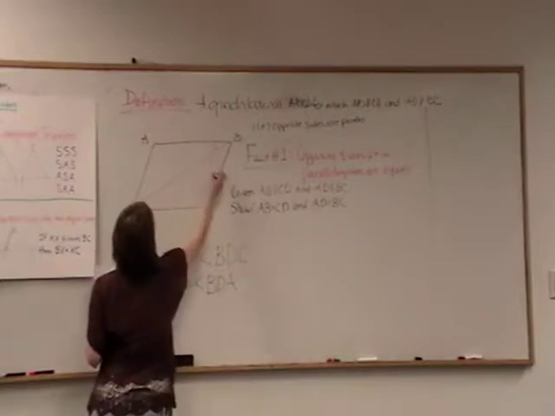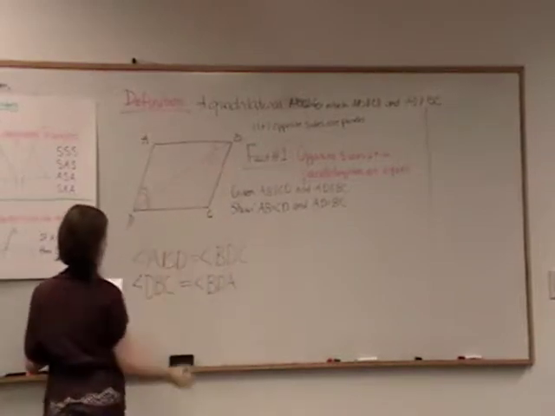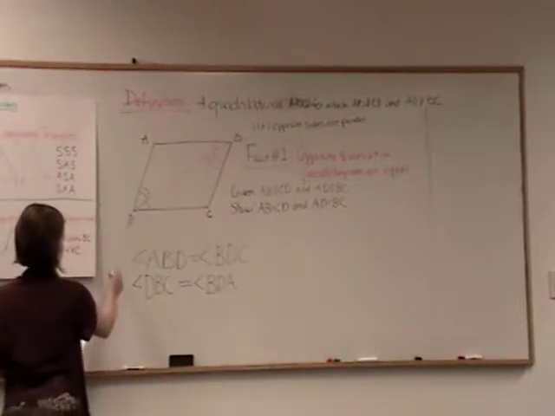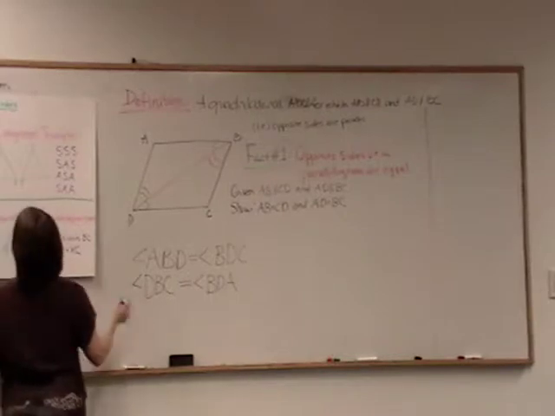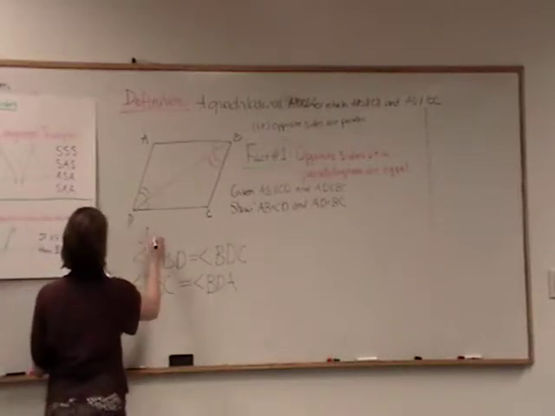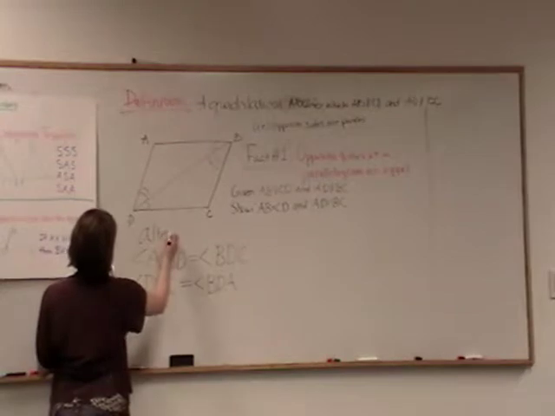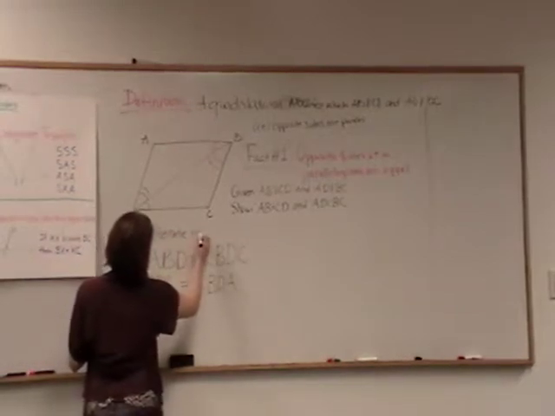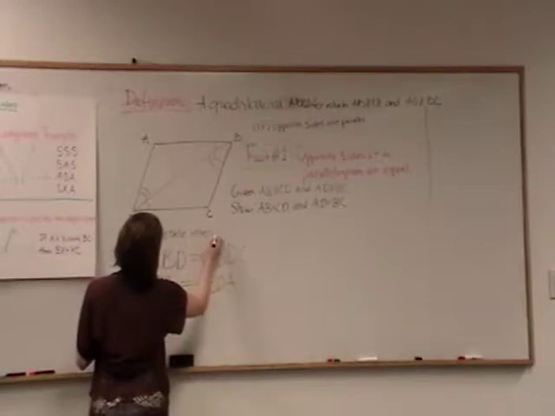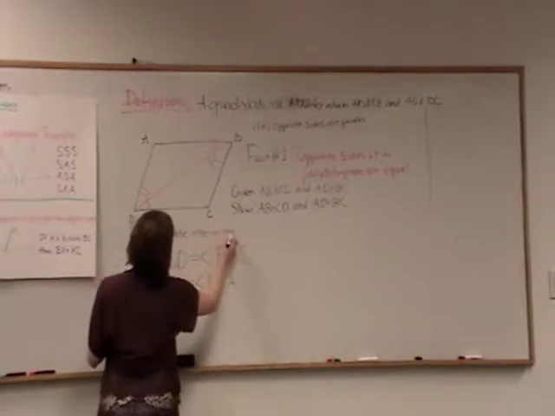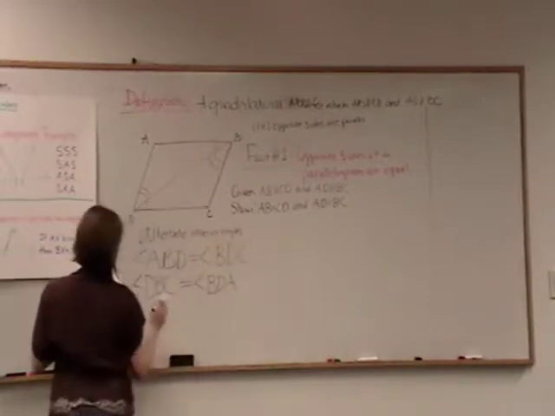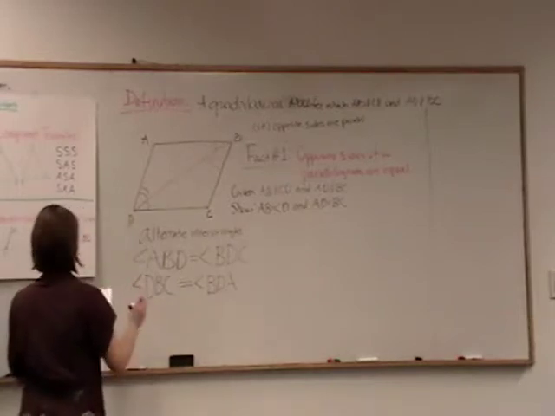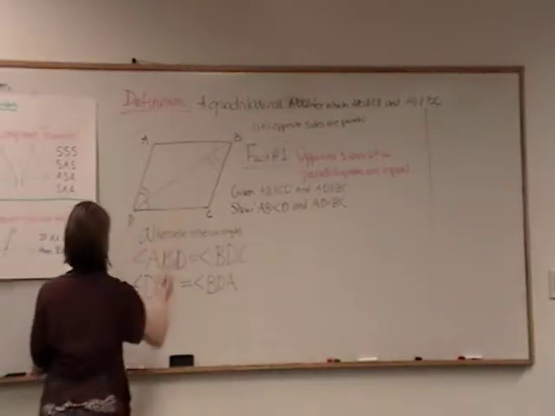So these two angles are also equal, and this is a result of the alternate interior angles. Now, we use one more fact, that DB equals itself.